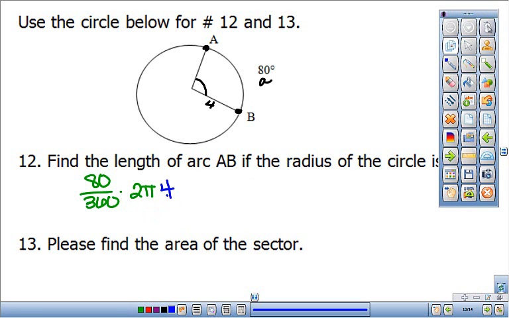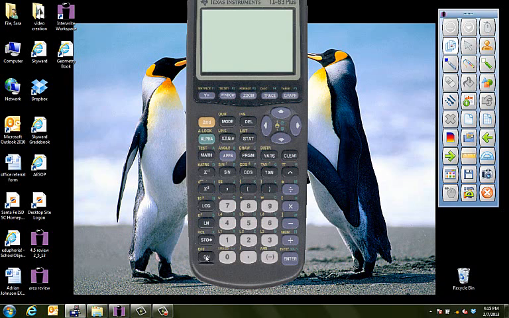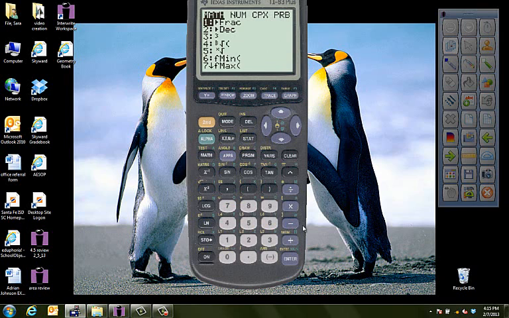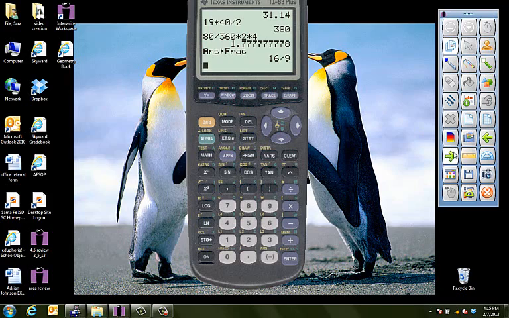Okay, so let me show you how to do this in the calculator. So 80 over 360 times 2 times the radius. If you're leaving it in terms of pi, I would want it as a fraction, not a decimal. So 16 over 9 pi.